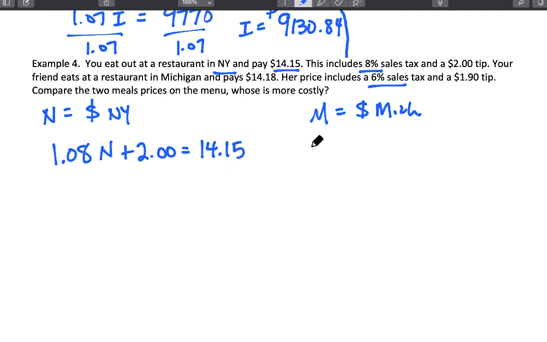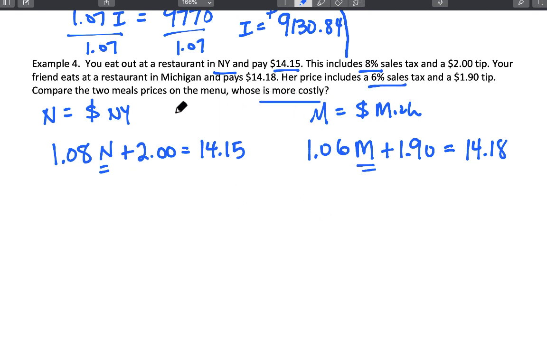And then in Michigan, we have 1.06 times the Michigan price, plus a $1.90 tip, and that should be a total of $14.18. All right, I would like for you to solve each one of these equations for the variable M and N and tell me again which one of these two meals was more costly, the one in New York or the one in Michigan.